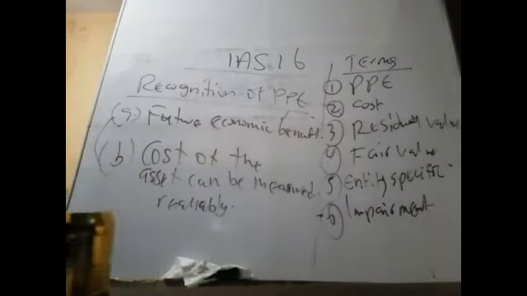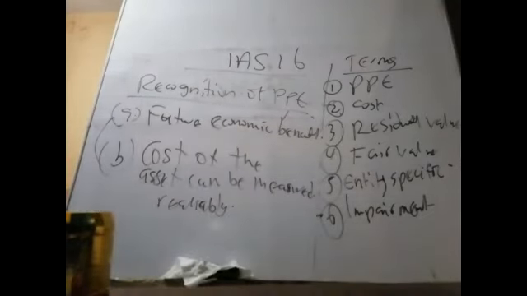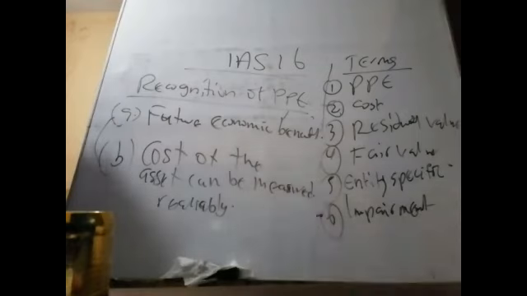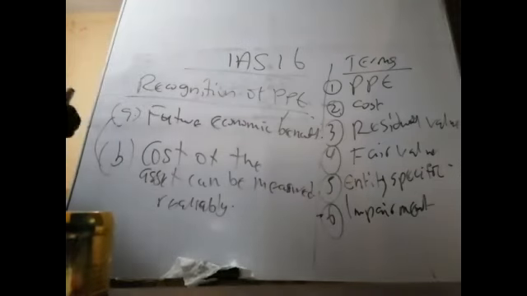I'll give you a critical example: self-constructed assets. Sometimes it's very difficult to separate or to determine the cost reliably. So if you cannot determine the cost reliably, do not include it in your PPE register.